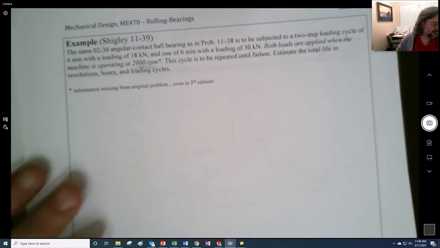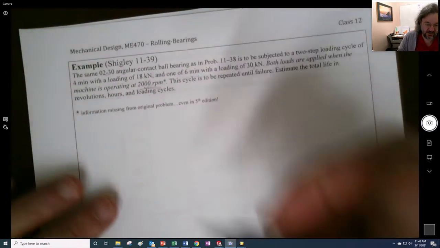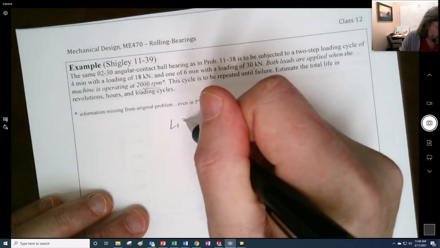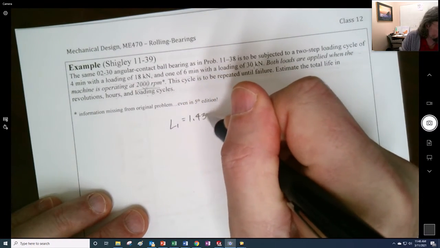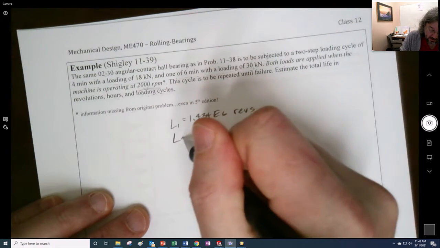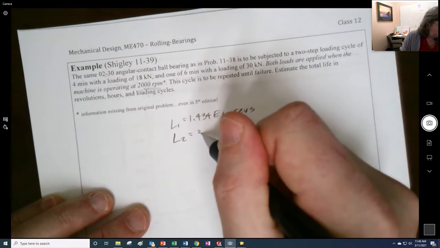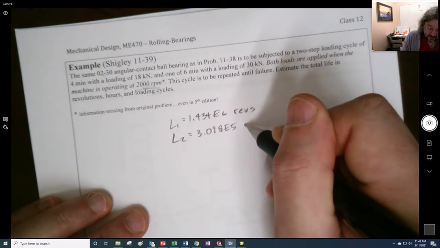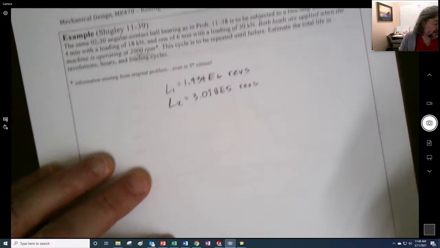But now we're going to have this turn fraction idea that's added into the complication here. So let me write down what those numbers were. And L2 was 3.098 E5 revs, right?